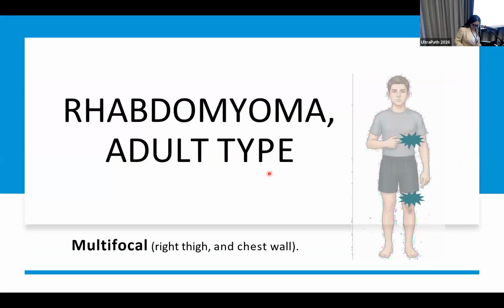So, the lesions in the chest wall and in the thigh were consistent with an adult-type rhabdomyoma.